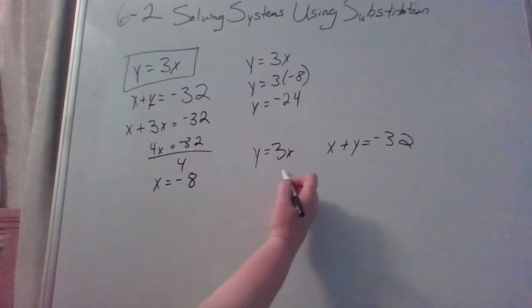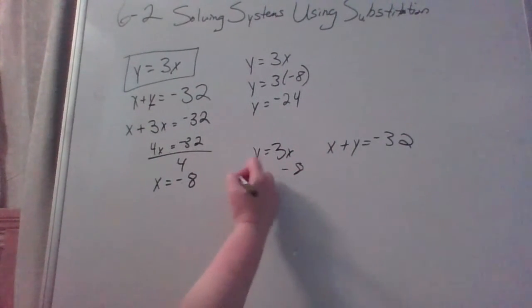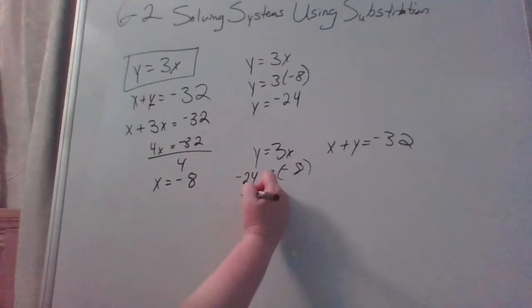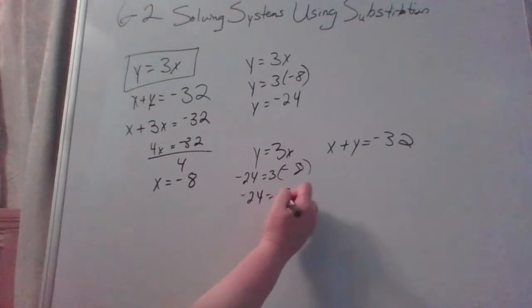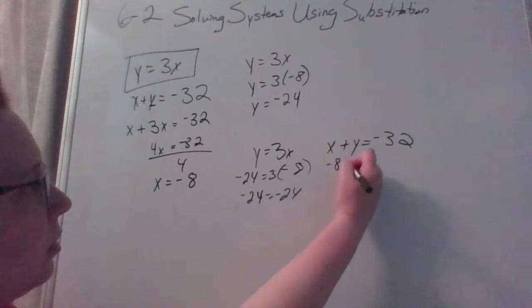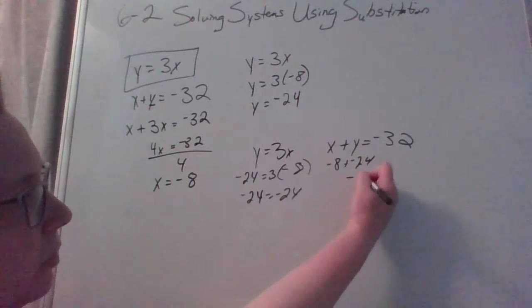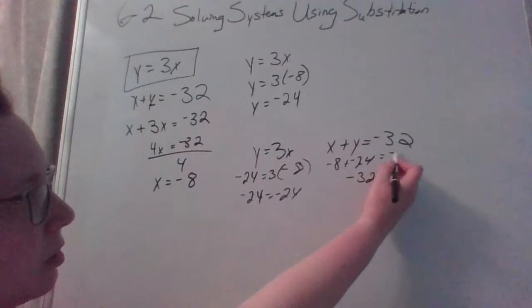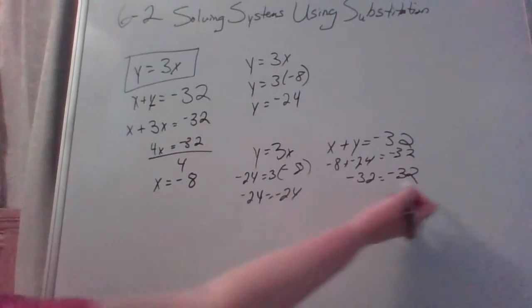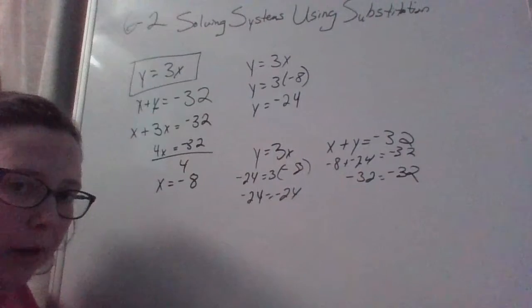I'm plugging in -8 and -24. And you can see it does work in this equation. And over here, it also works. We're so good. We know that we're right.